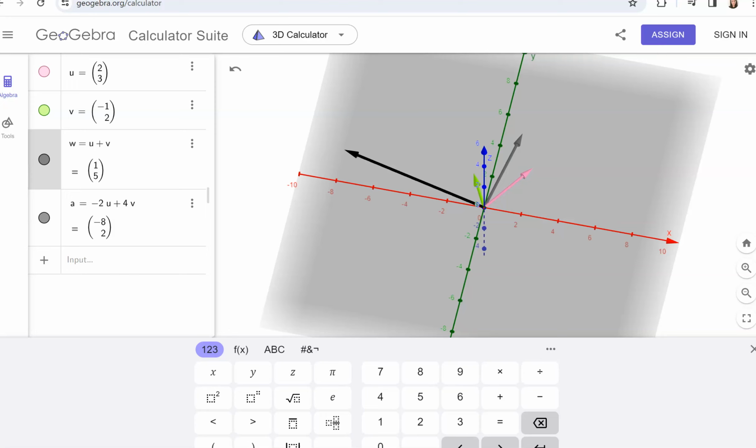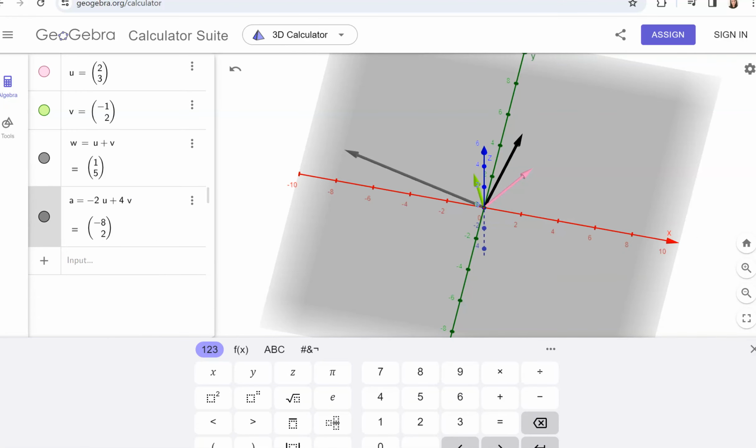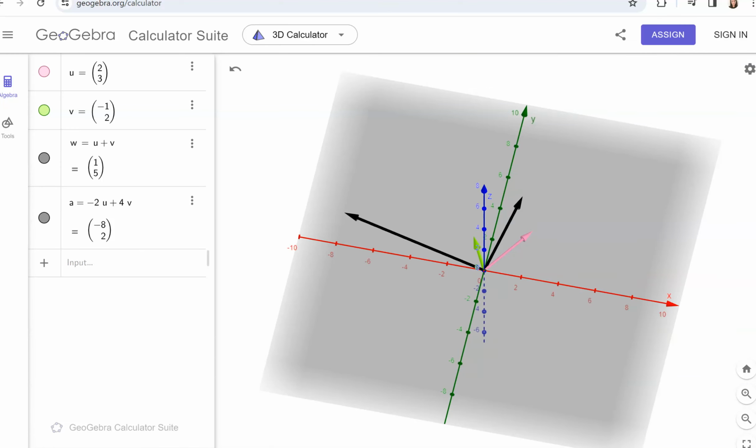Now I'm going to add the two values together, and I get the component 1, 5. My pink one represents my U, and this small lime green one represents my V. So we can add the components.